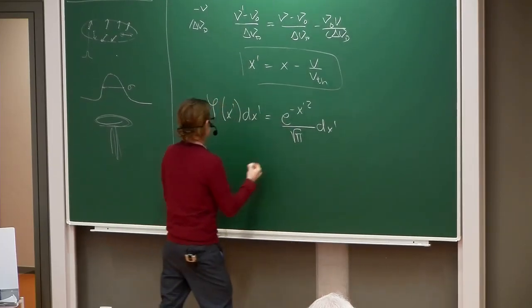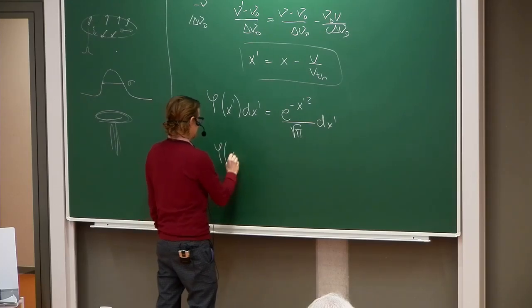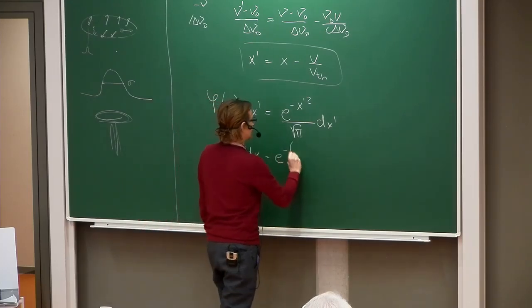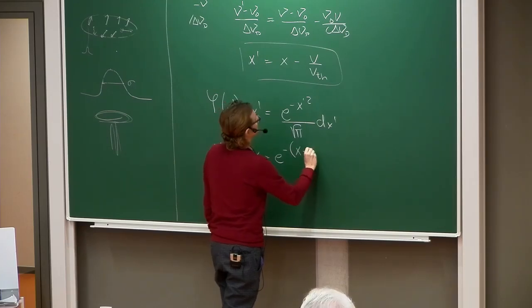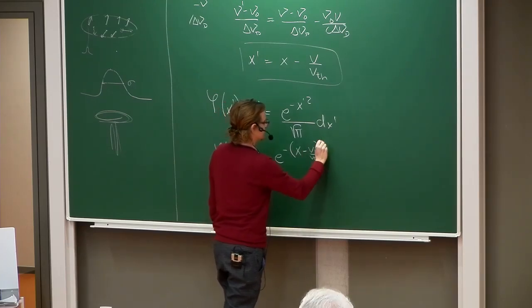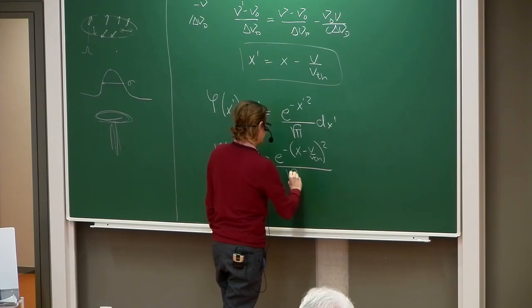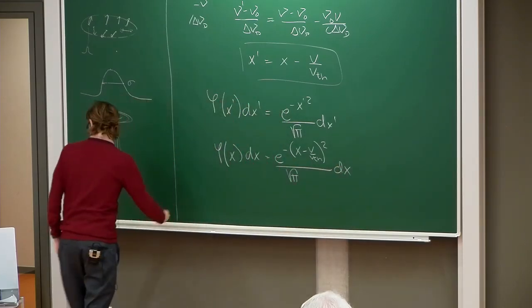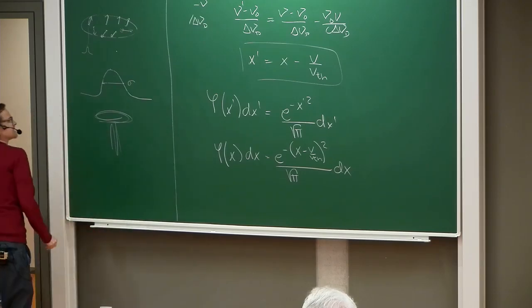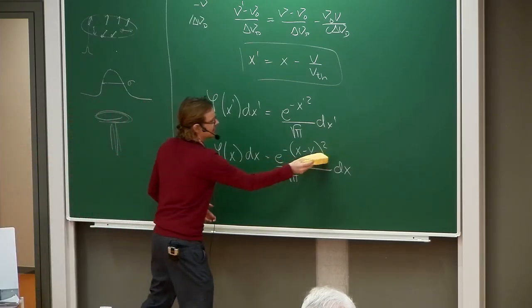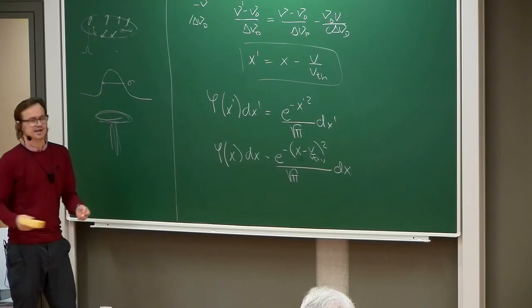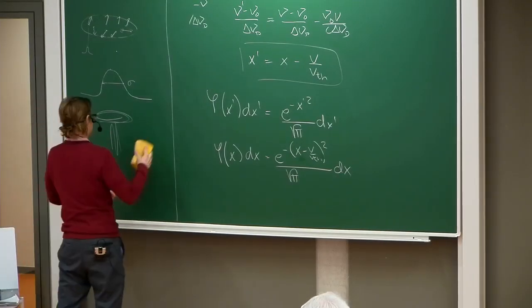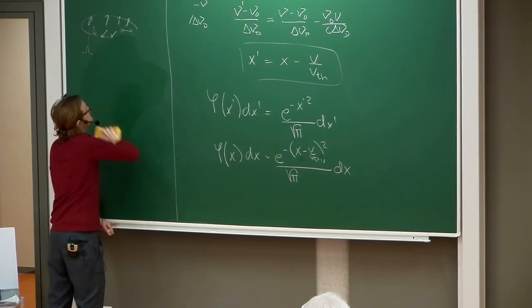But if we write this in terms of x space, that's just going to be e to the minus (x minus v divided by v thermal) squared divided by square root of pi, dx. So the reason I do this is that you can see that the line profile is just shifted by an amount, in this case, approximately v over v thermal in x space.